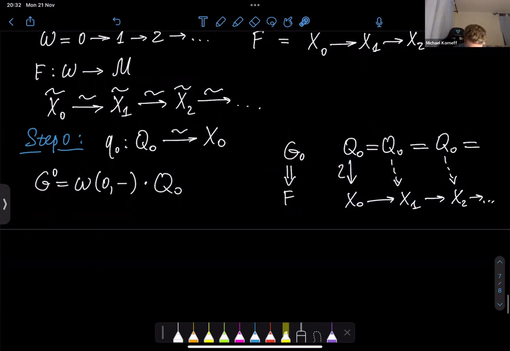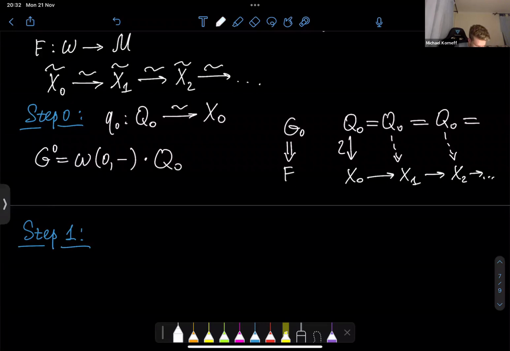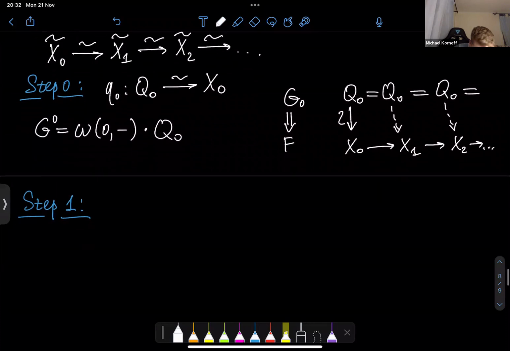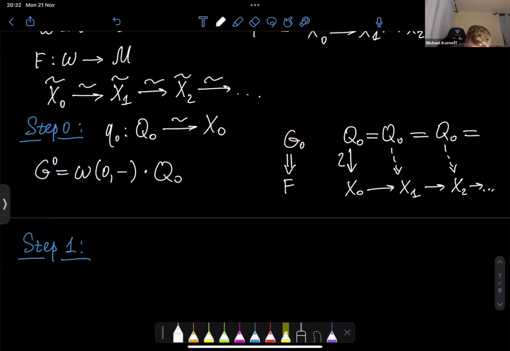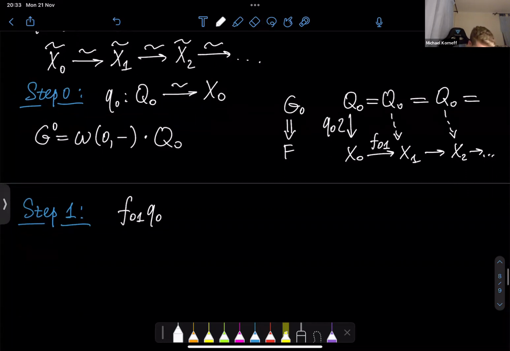Okay, and the next step. We just consider the following composition. Say that this is F01 and this is Q0. Then we consider the composition, and we take the cofibrant replacement for this map, and thus we have the following diagram.